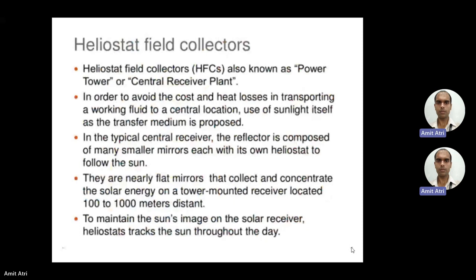Next one is heliostat field collectors. The heliostat field collectors, also known as power tower or central receiver plant.